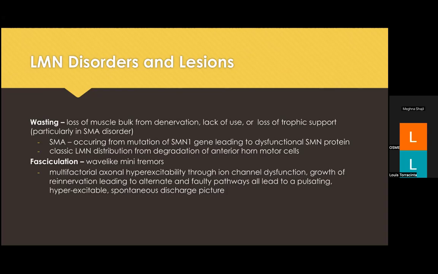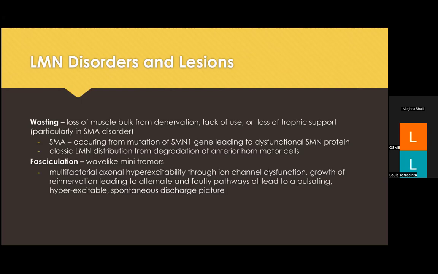You also get fasciculations. These are wave-like mini tremors. There are really multifactorial reasons for why you get fasciculations in lower motor neuron problems. It's often because the axons get a bit hyperexcitable through ion channel dysfunction. Also, as you lose one pathway, the nerve will try and grow a bit like a vine, in different parts of the muscle.